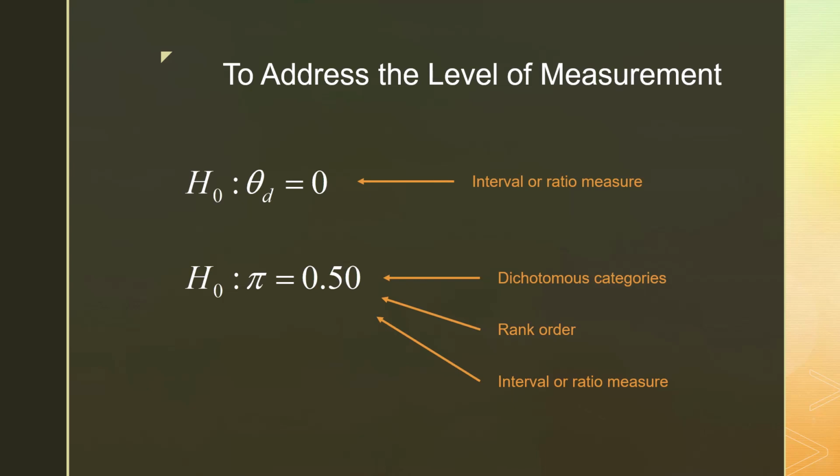We don't even need numerical data. We can simply compare the members of each pair and determine whether the treatment participant or the control participant improved. We could use ordered categories, that is, rank order, in order to determine which member of the pair was more successful. Or we can still use interval or ratio measurement. It's just that we will dispense with the quantities in favor of the individual signs.